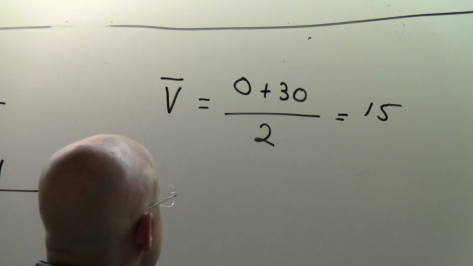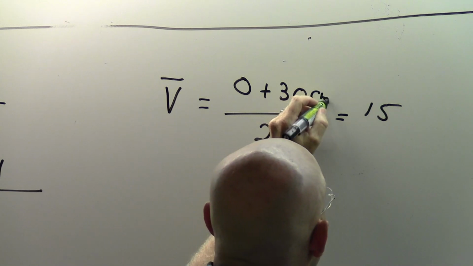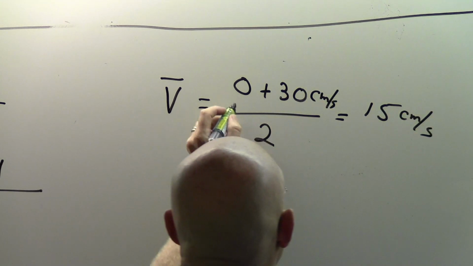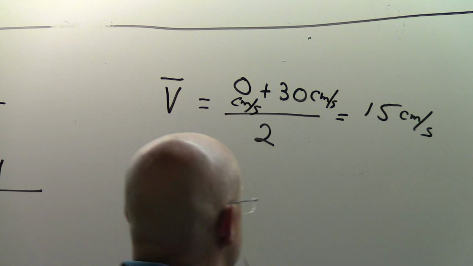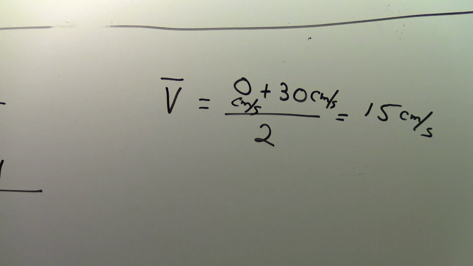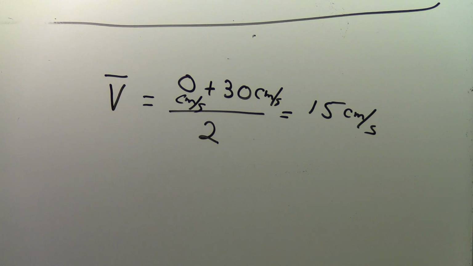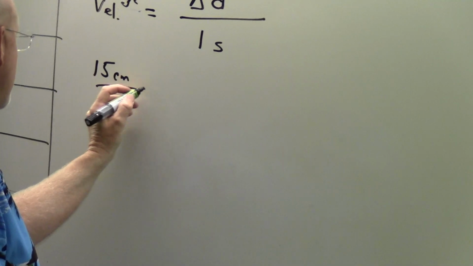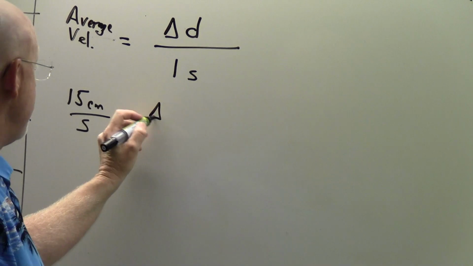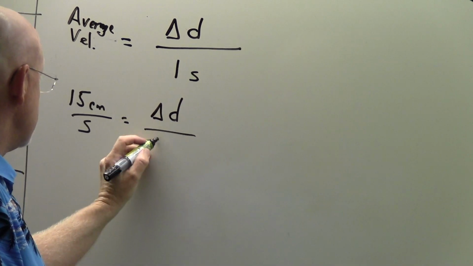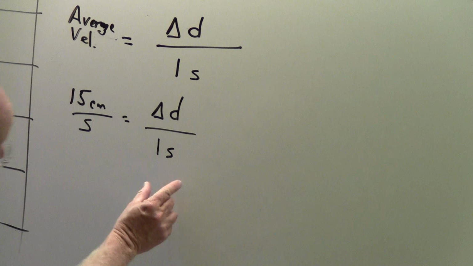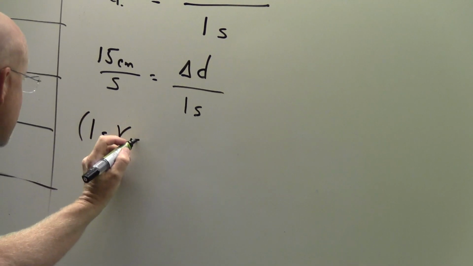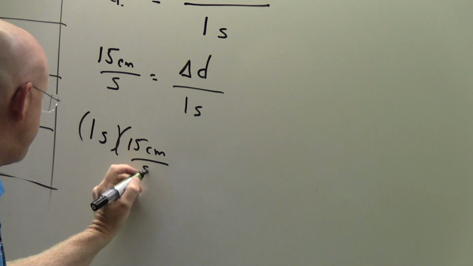Now I suppose I should watch my units here. This is centimeters per second, and so this is an average of centimeters per second. The 2 doesn't have any units. So what I can do here is put 15 centimeters per second for my average. And then my change in distance with 1 second, I can bring this to the other side and I get 1 second times 15 centimeters per second.